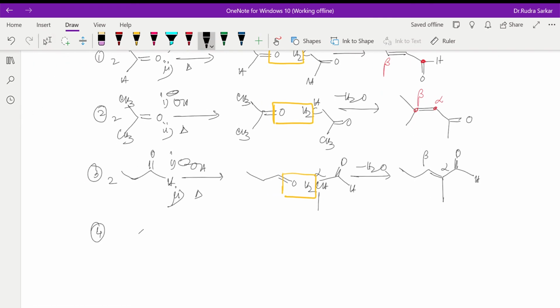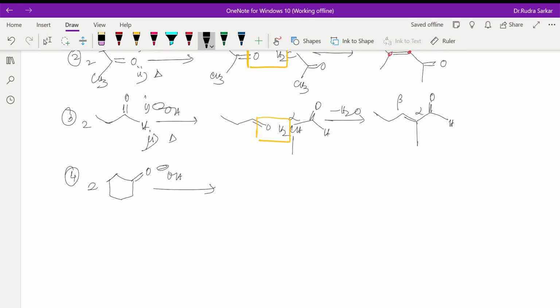Now I have given you cyclohexanone. Okay, what should you do in this case? Again use two molecules, that is your cyclohexanone, that is your hydrogen.